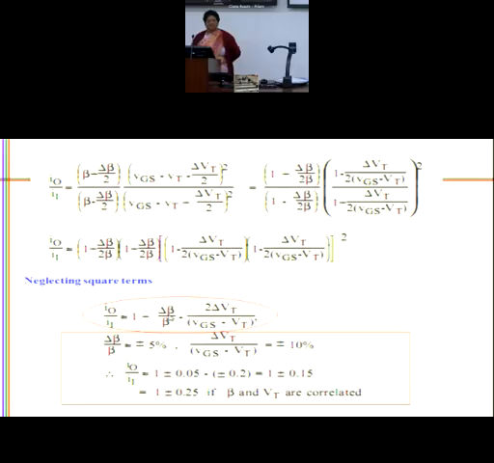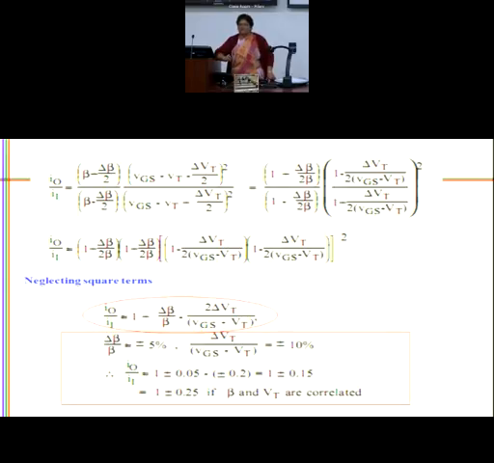So if I say that mismatch is 5%, that is, delta beta by beta is 5%, I simply put the 5% value here, and for this, suppose it is given as 10%, I put 10% here. So the mismatch between IU and I1 will be plus minus 25%. That means your I bias can deviate from IREF by plus minus 25%.